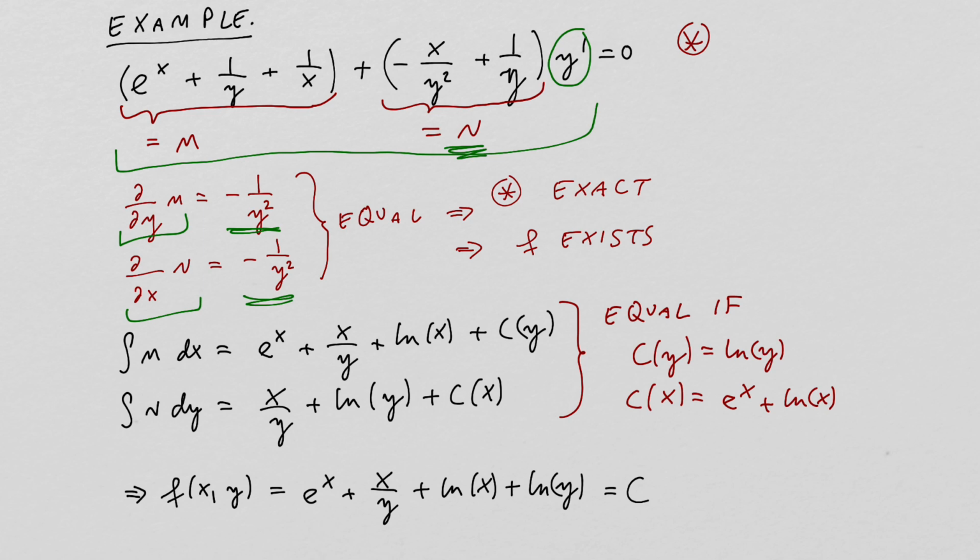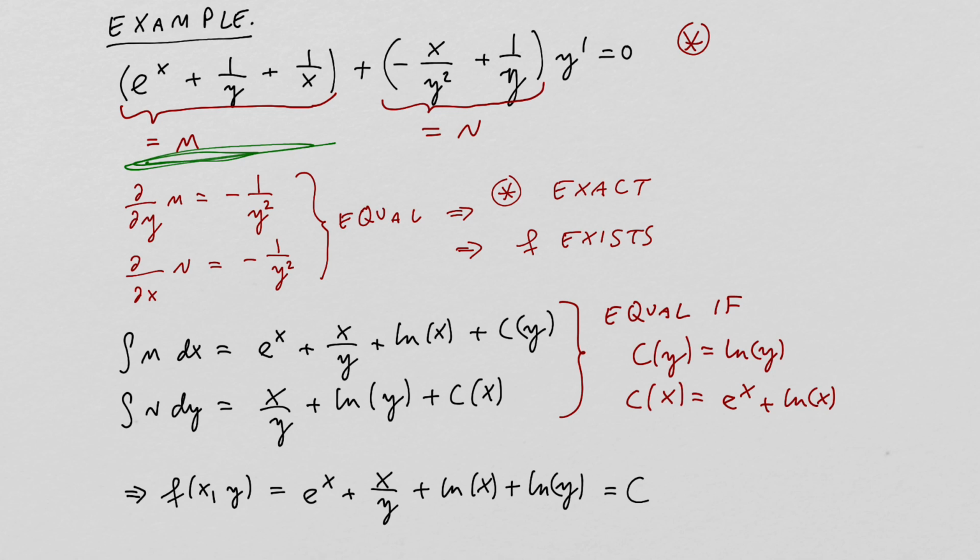We see that these derivatives are equal, so our equation is exact. If we take m and we integrate with respect to x, then y over y becomes x over y, and 1 over x becomes natural logarithm of x, and as the integration constant we can have some constant which depends on y.